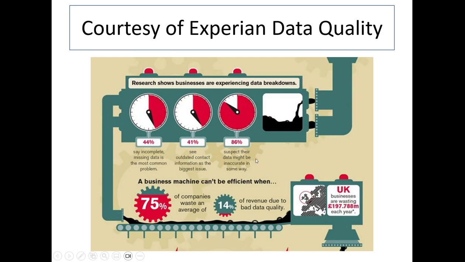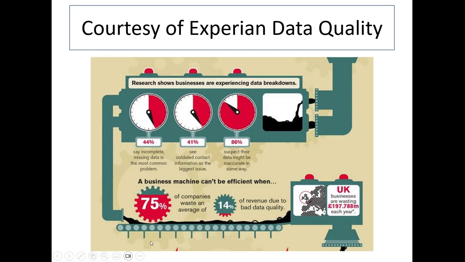So this is a slightly different one. This is a little bit cheesy. This is from the UK, and it's just saying how much UK businesses are losing from data. So we have this little machine, and we go through the data quality machine, and 86% of companies suspect some inaccuracy in their data. 41% see outdated content as a big issue. 44% say incomplete data is the most common problem.